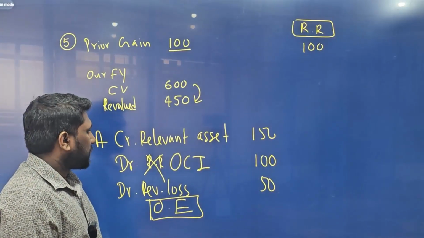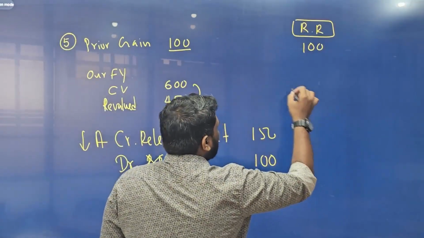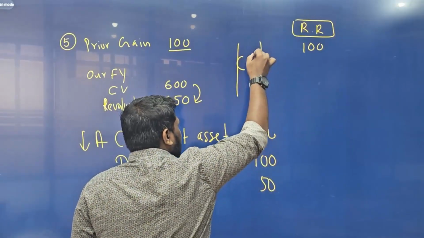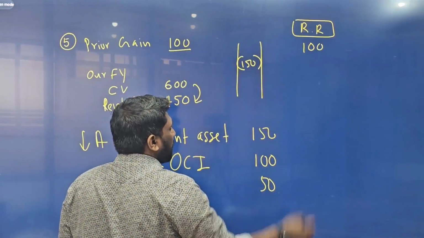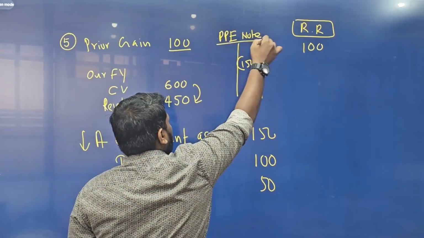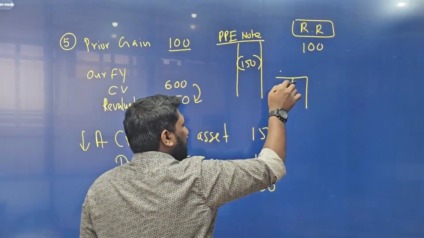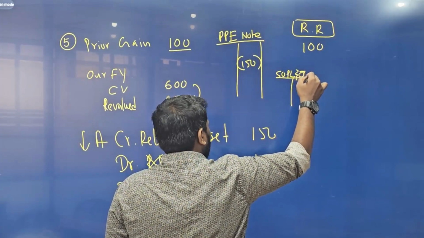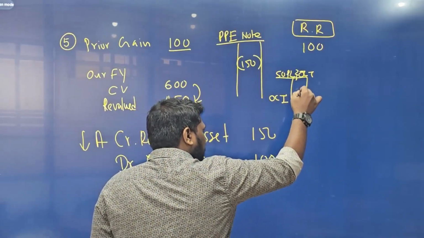Okay. So if I show you this, in your note under the asset, a reduction should happen of 150. In your PP note. And in your statement of profit or loss and other comprehensive income, under the OCI, you have to record a minus 100.